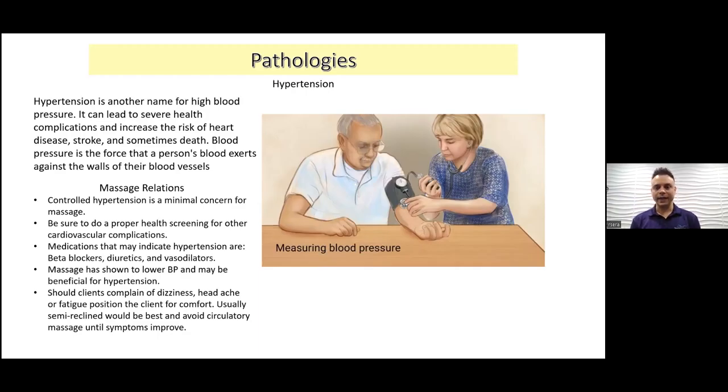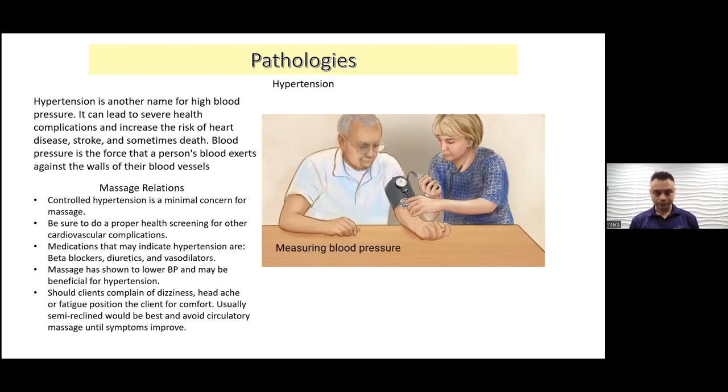So don't take that number and just run with it, like, oh my God, it's so high, and freak the client out, because a lot of people's blood pressures can vary. What might be high for one person might be someone else's normal in certain instances.